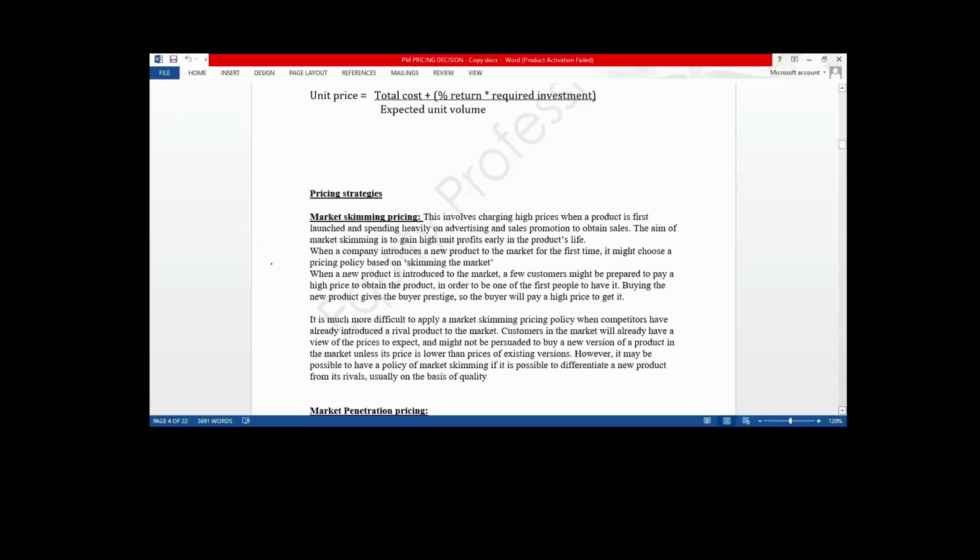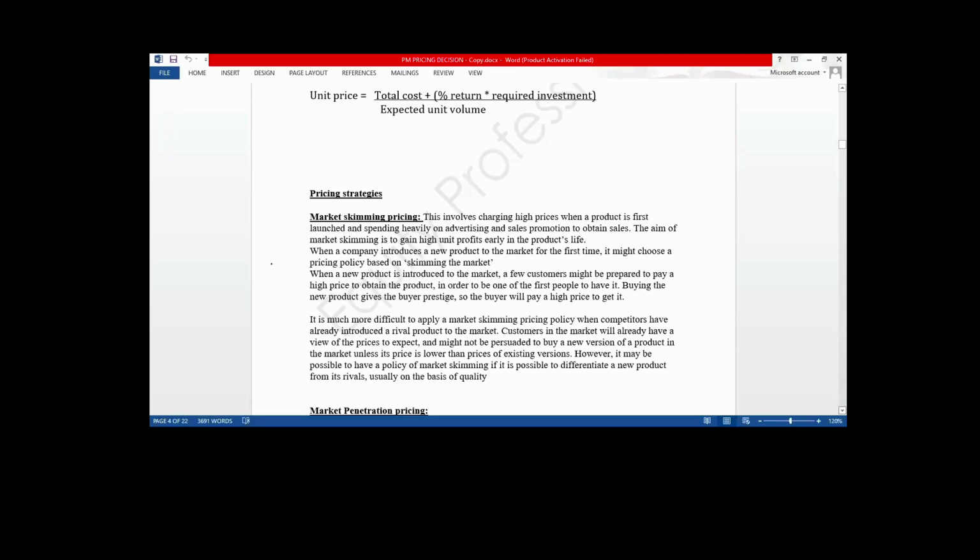There are different pricing strategies a company can use to launch a new product onto the market. When we say pricing strategy, it has to do with when a company is launching a new product for the first time. It is the duty of the company's management to decide on the strategy to use to launch that product onto the market.